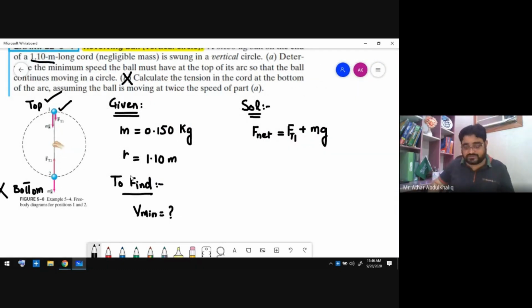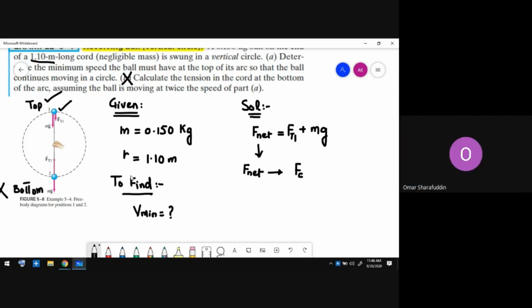This net force is actually the force that keeps the object moving in the circular path. What do we call the force that keeps the object in a circular path? Centripetal.